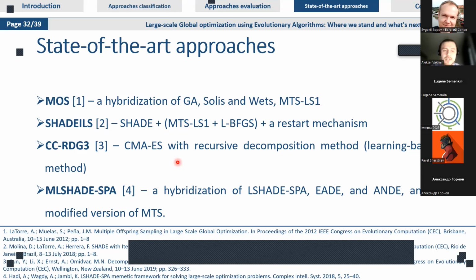As a subcomponent optimizer, the authors use the CMA-ES algorithm. And also one of the most powerful algorithms, MLSHADE-SPA. It's a hybridization of 3 different differential evolution based algorithms and the multiple trajectory search algorithm.